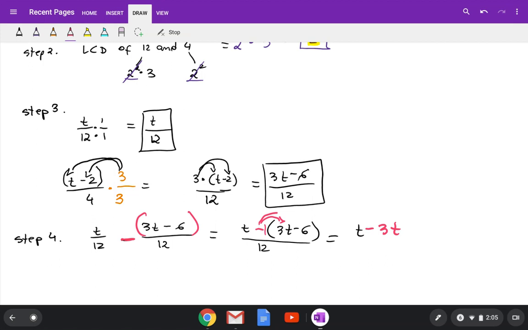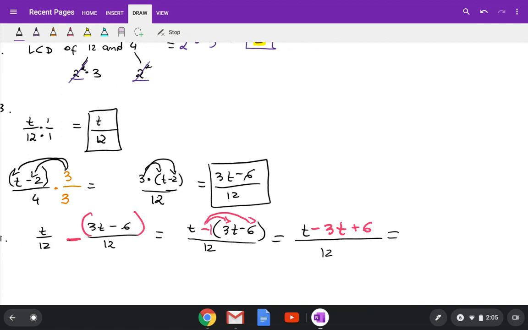So negative 1 times negative 6 will give you positive 6. You really have to be careful with that, over 12. Simplify, so that will give you t minus 3t, which is negative 2t, plus 6 over 12.